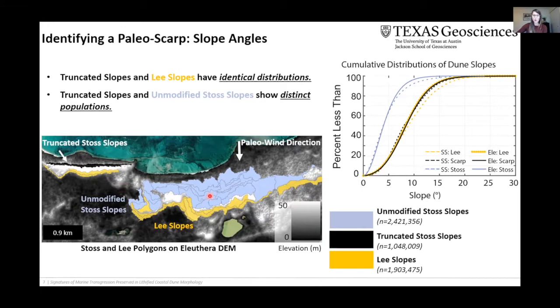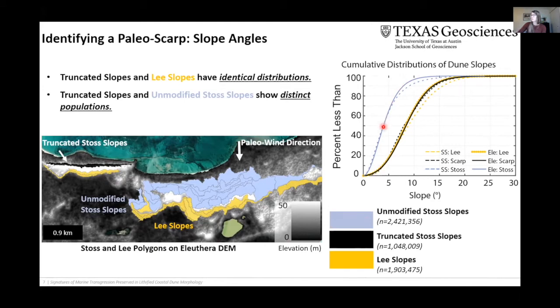So our interpretation is that the unmodified dunes became separated from the shoreline and they resemble transgressive dunes. We extracted slope data to polygons which circumscribe the upwind and downwind faces and produced millions of data points across the two islands representing the scarped faces, unmodified and lee slopes of these dunes.